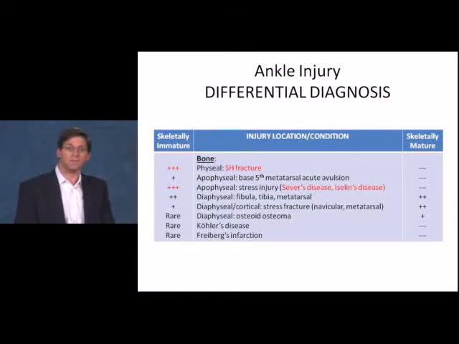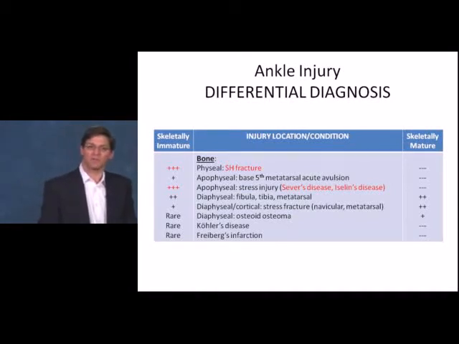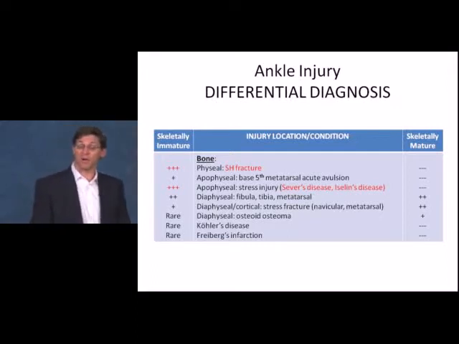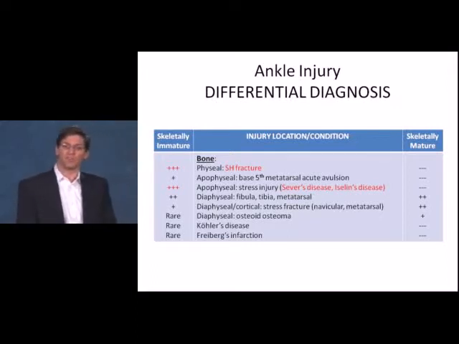For the skeletally immature about the ankle, you definitely have to consider a Salter-Harris fracture, predominantly of the distal fibula in consideration of the distal tibia, or an apophyseal stress injury such as Sever's disease or Iselin's disease. Iselin's disease, for those that have not heard about that, is an apophyseal stress injury at the base of the fifth metatarsal.